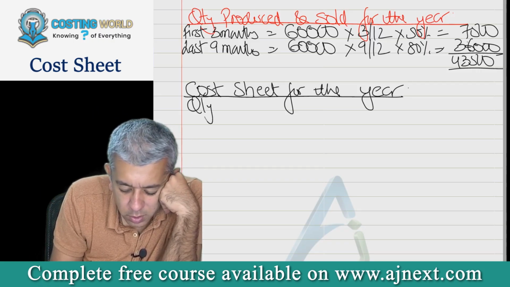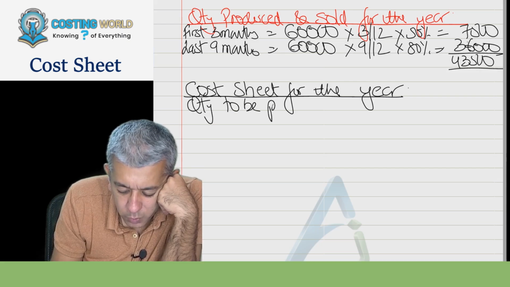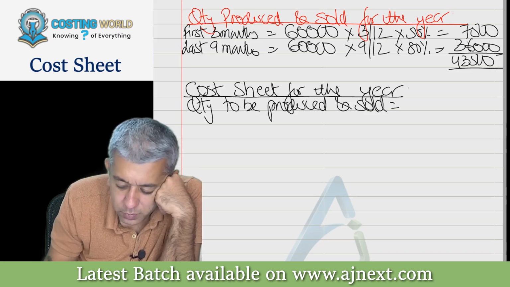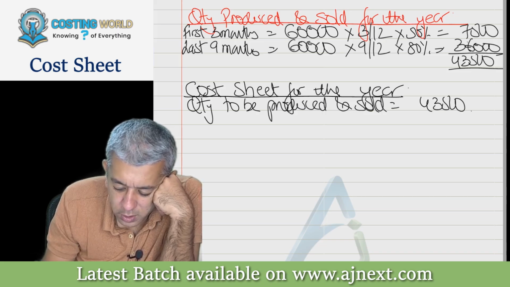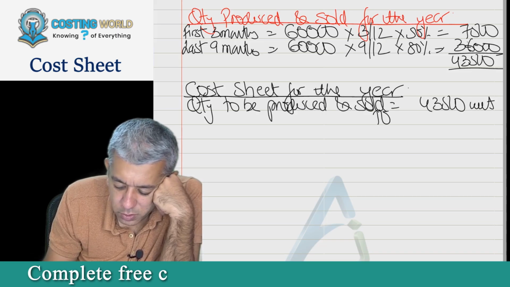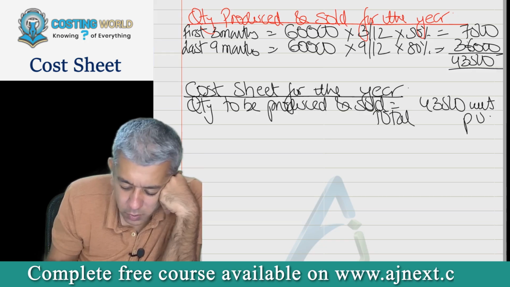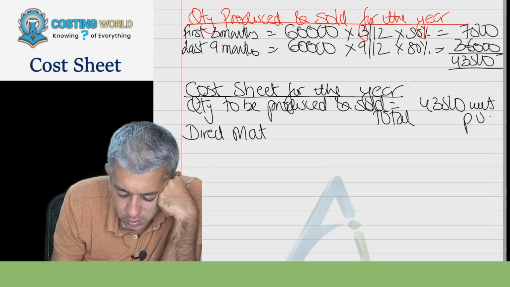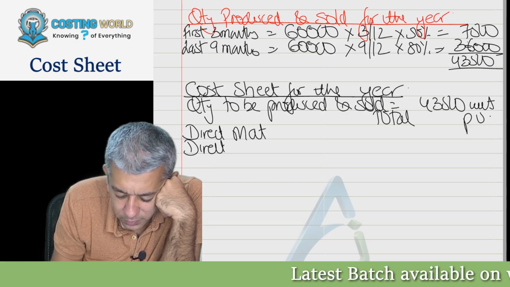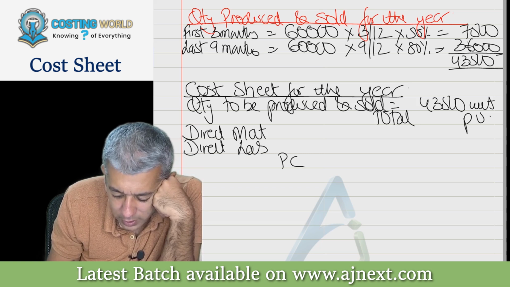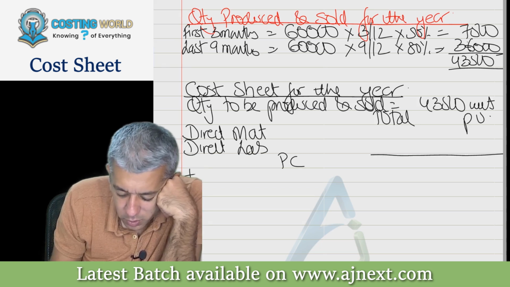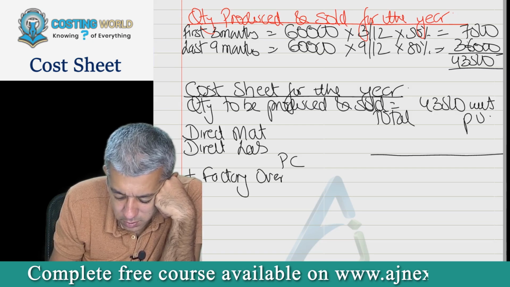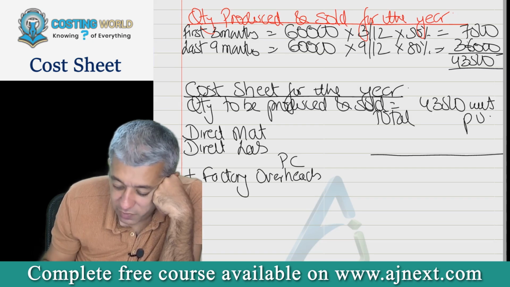So, quantity to be produced and sold: 43,500 units. Total, per unit. Direct material, direct labor, prime cost, add factory overheads.